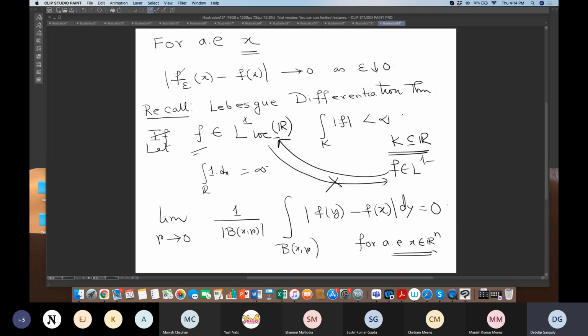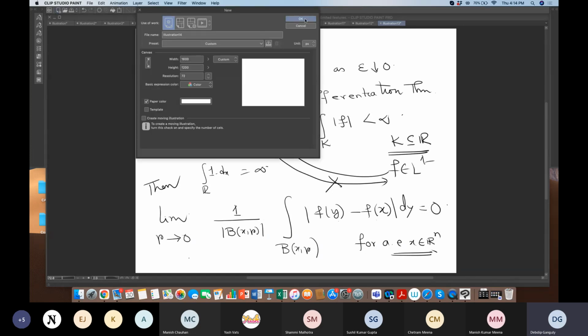Let f be an L1 loc function. Then the limit as r tends to 0, and when you are squeezing, just draw a picture. This is your x. You take B(x,r), this is your r. You take the difference f(y) minus f(x), take the modulus. Where is y? y lies inside the ball.